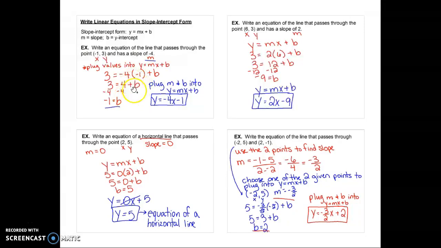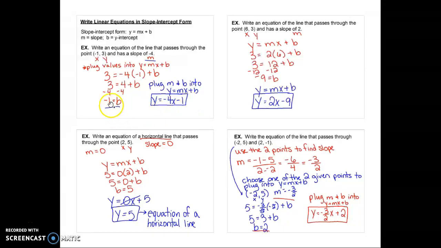Now, to solve for b, because that's our goal, we need to subtract 4 from the other side so that your b value is isolated. When you subtract 4, 3 minus 4 gives you -1 equals b. Now that you know your b value, and you already knew your slope from the original information, you can plug those two values into your equation to write your final answer.